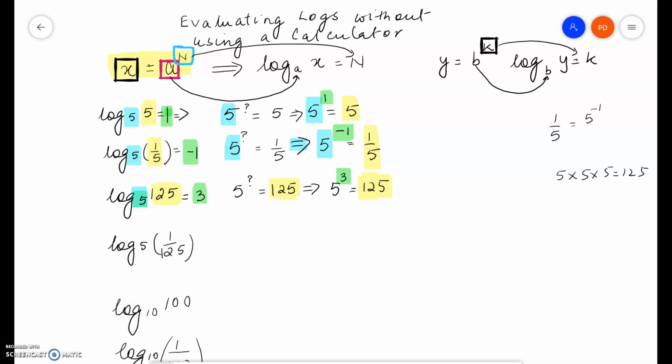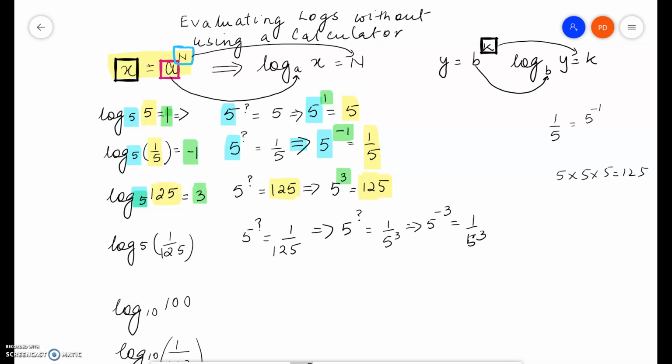So now I think I can go a little faster. Now 5 to the what equals 1 over 125. So this is the same as 5 to the what equals 1 over 5 cubed. So clearly 5 to the negative 3 is equal to 1 over 5 cubed.